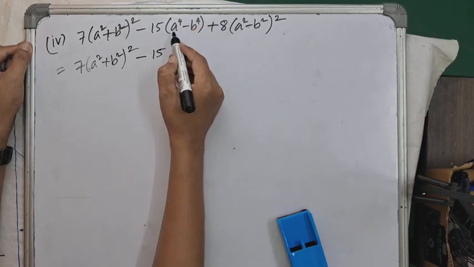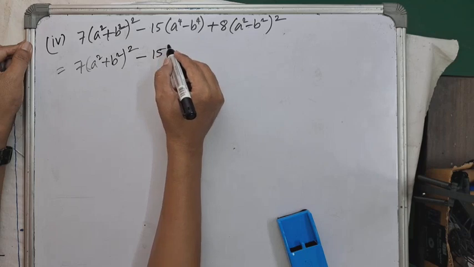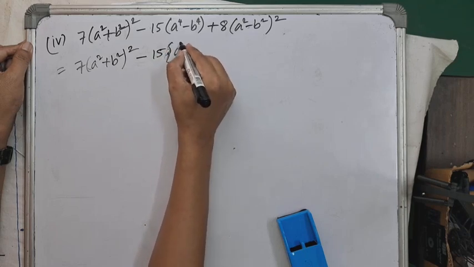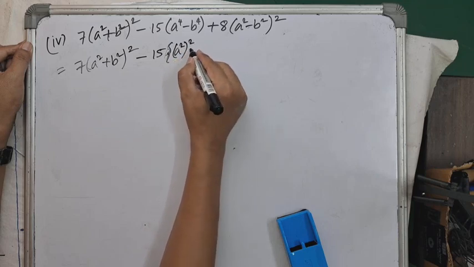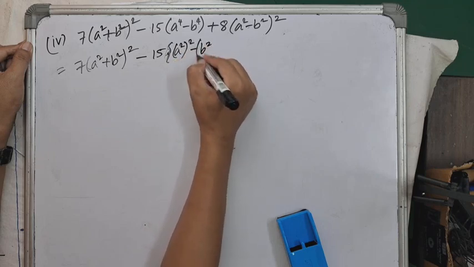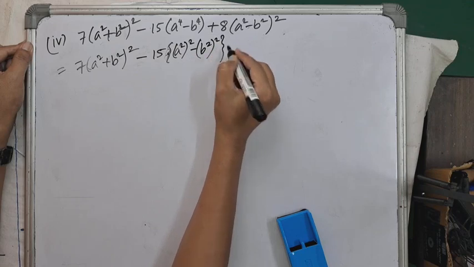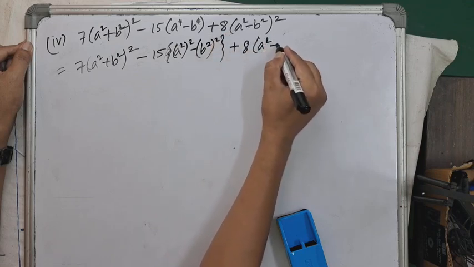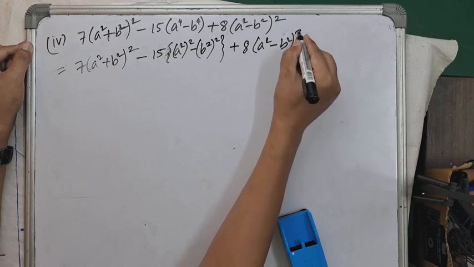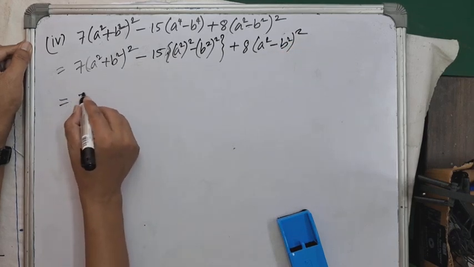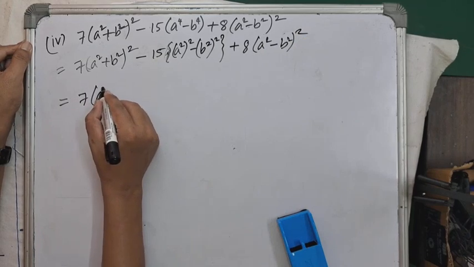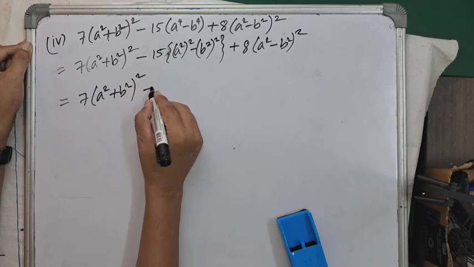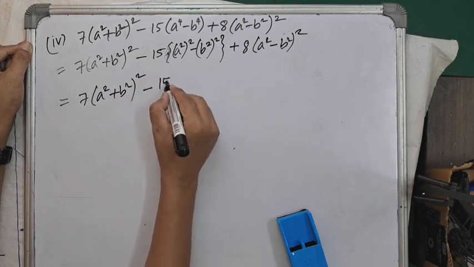So this 15 a to the power 4 minus b to the power 4, we can write as 15 into a squared whole square minus b squared whole square, plus 8 a square minus b square whole square. So 7 a squared plus b squared whole square, minus 15.